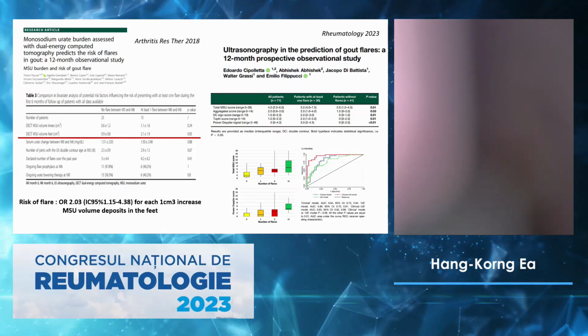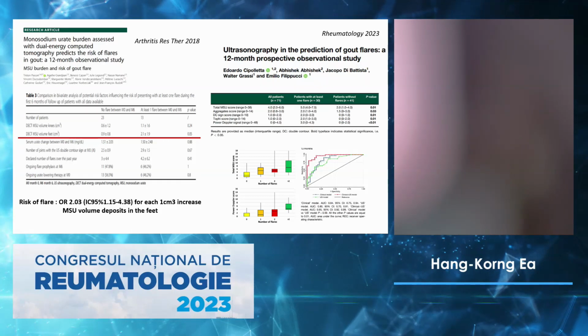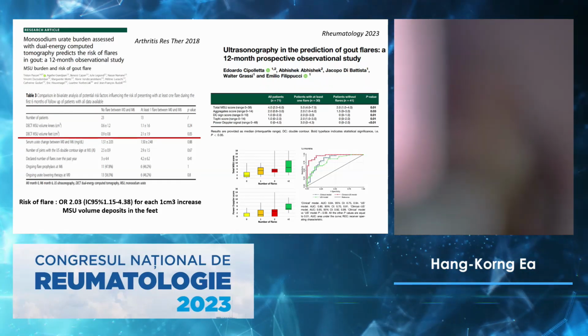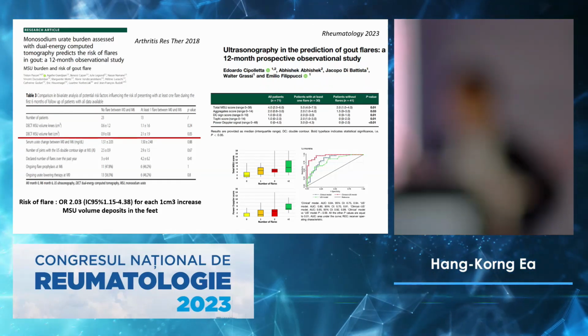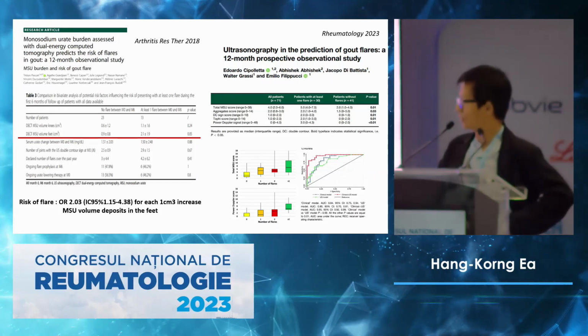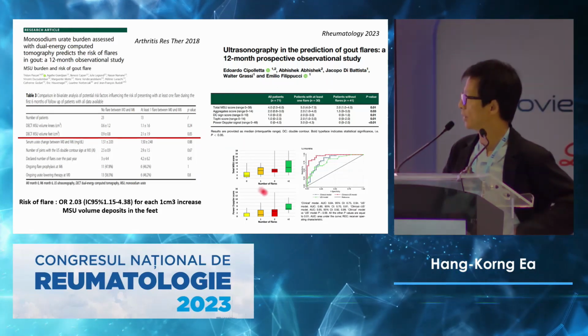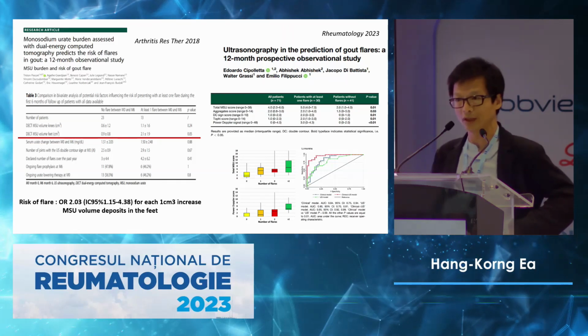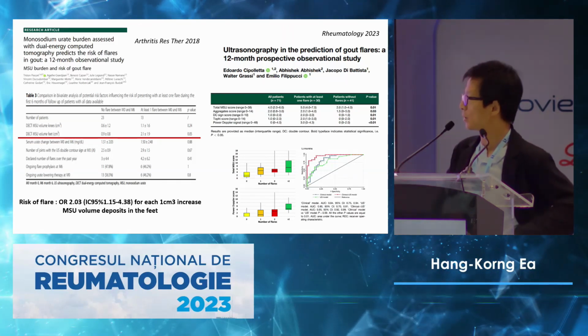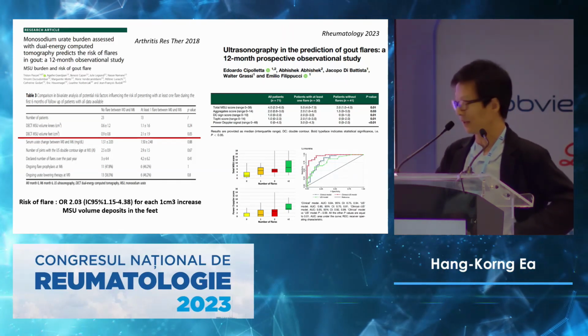And the other work from the Italian colleagues, using ultrasound, shows evidence that here too, the volume and the number of MSU depositions is very strongly correlated with the risk of flare.